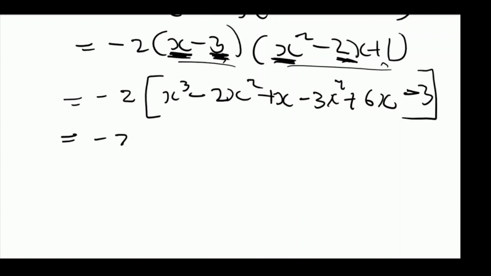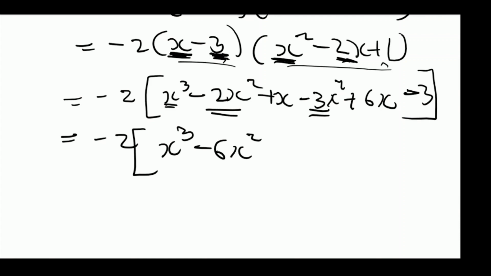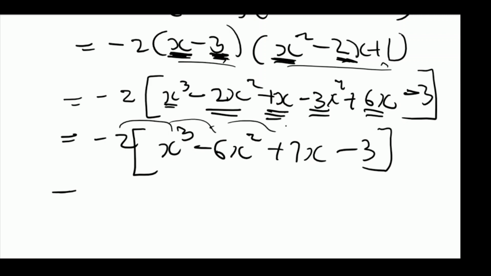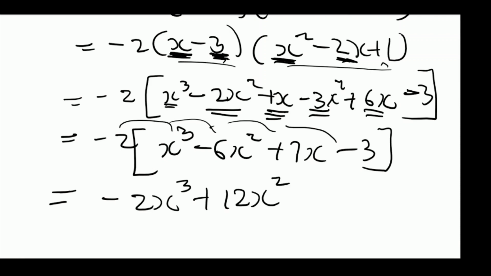So it's equal to minus 2 into, so you're going to collect like terms, x cubed, and you collect these two like terms, it's going to be minus 5x squared, and then these two like terms are going to be plus 7x and then minus 3, right? So the minus 2 is going to multiply everything that is inside, so it's going to be minus 2x cubed plus 10x squared minus 14x plus 6.